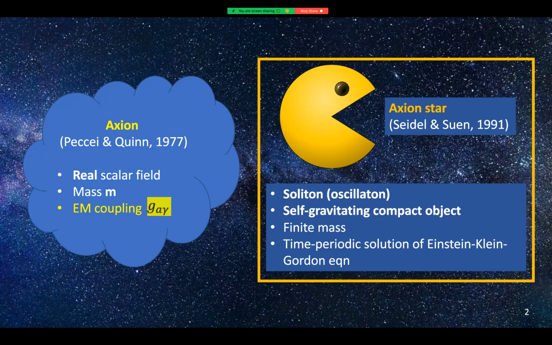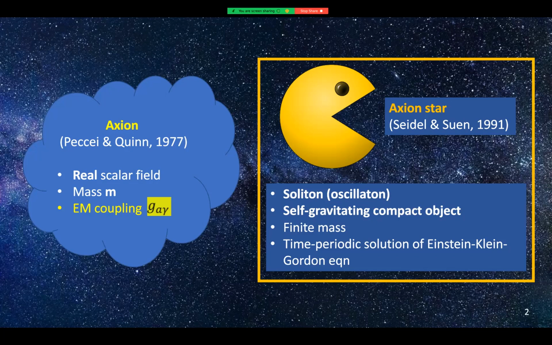I'm not an expert on this formation mechanism for these stars, but I believe that Miguel's talk, which I think was just swapped, so it's going to be right after mine, will look at similar stars, but in the non-compact regime. So if you want to look at the non-compact stuff, it's going to come later. So here's a plug for Miguel's talk. And I believe he's also going to address the issue of formation in his talk.